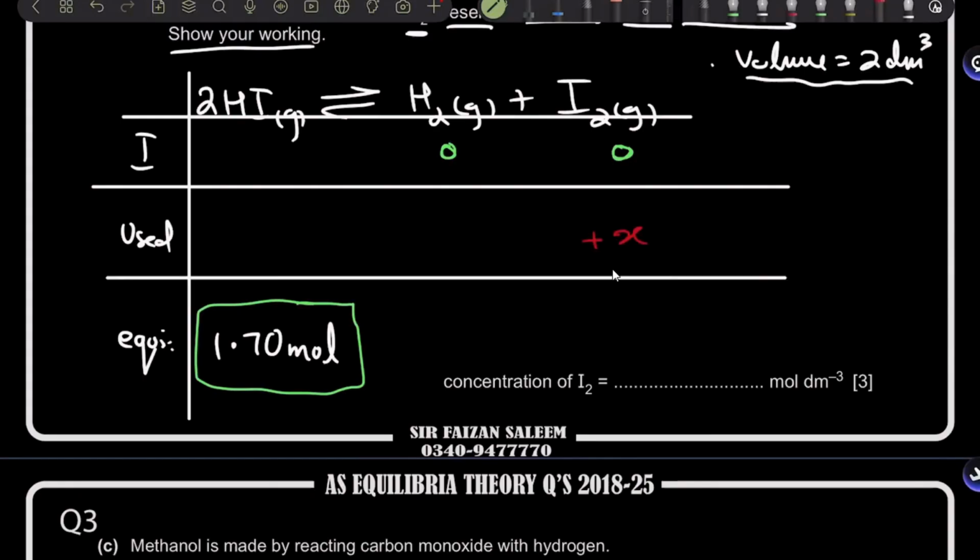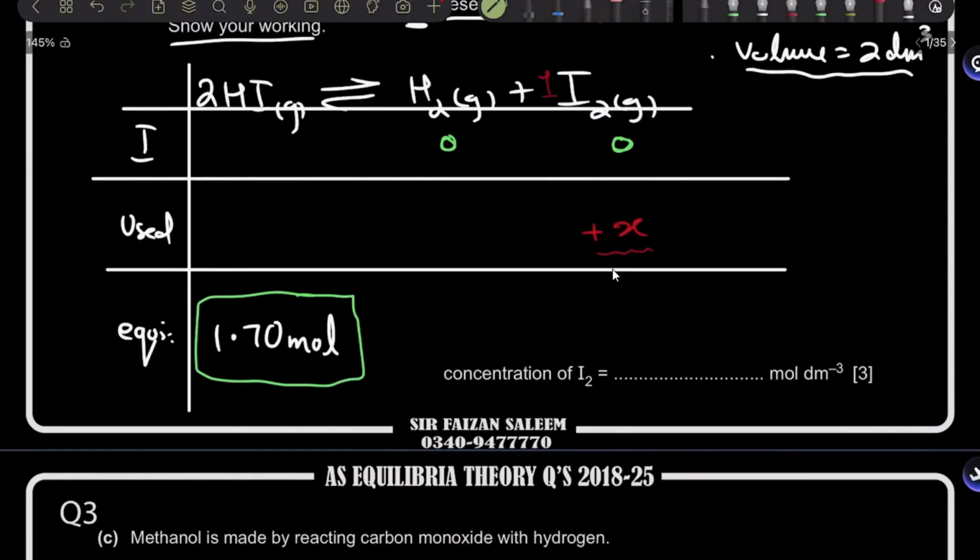We do not need those. So if X moles of I2 were formed over here, and there's 1:1 between both the products, how many moles of H2 should be formed over here? Also X moles, right? It's 1:1. Whatever the moles of I2 formed, that's also the moles of H2 that is going to be formed over here. Is that correct? Yep. Because it's 1:1 between them.